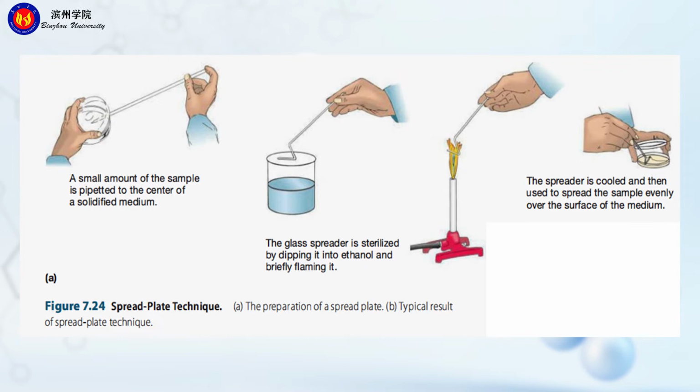The glass spreader is sterilized by dipping it into ethanol and briefly flaming it. Then the spreader is cooled and used to spread the sample evenly over the surface of the media. Then we can get colonies on the plate.